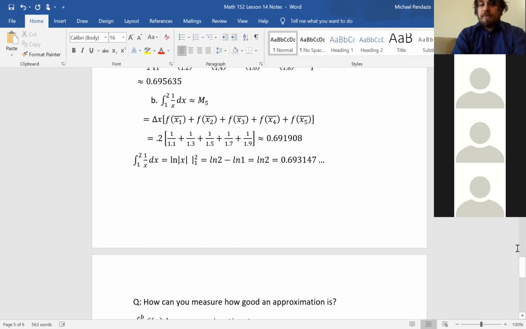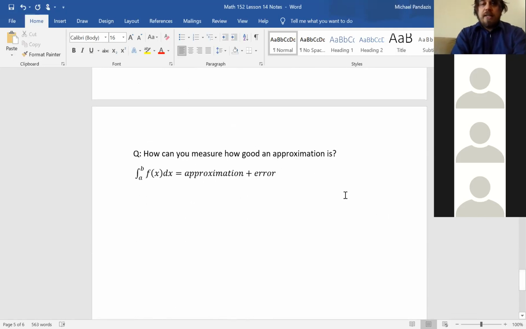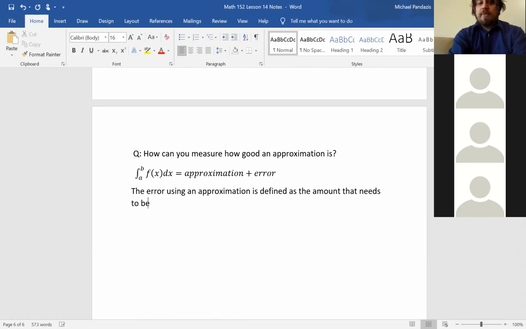So the error using an approximation is defined as the amount that needs to be added to your approximation to make it exact.